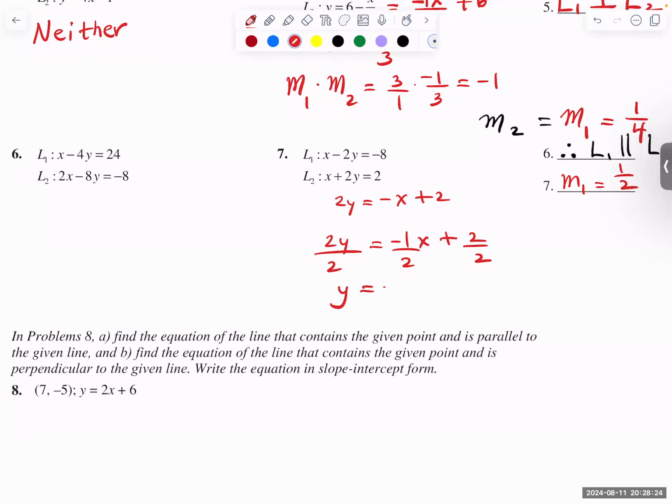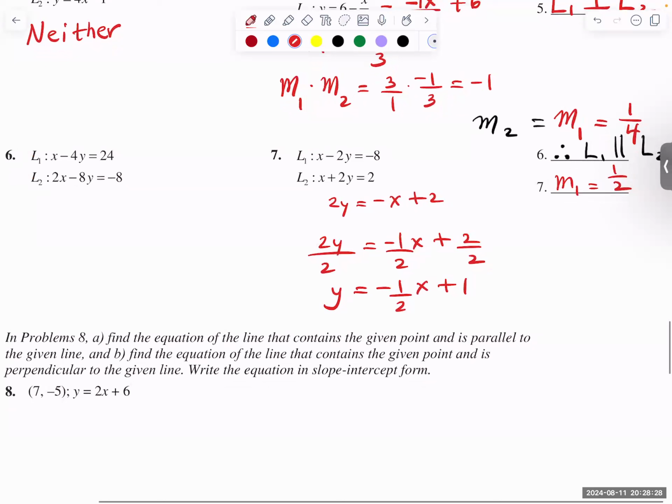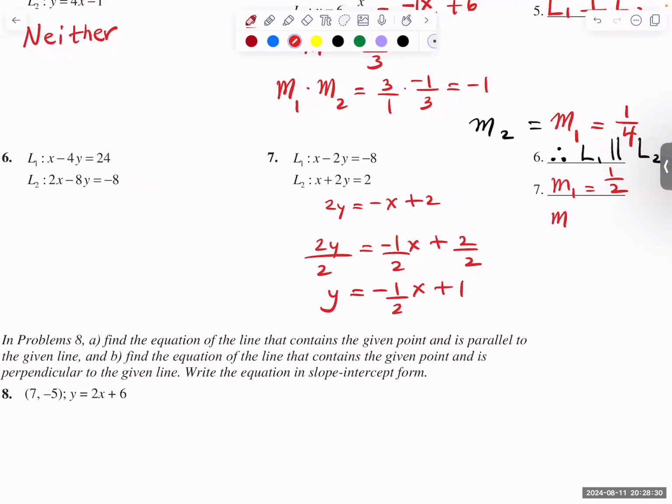So y equals negative 1/2 x plus 1. So the slope of line 2 is negative 1/2. So the slopes are not equal, and the slopes are not negative reciprocals.